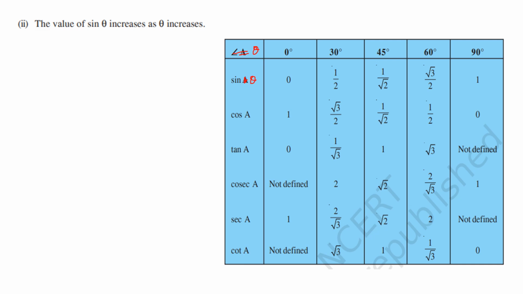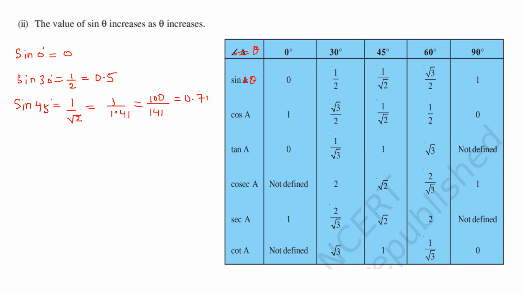Okay, so sine 0 degree is 0, isn't it? Sine 30 degree is 1 by 2, which gives me 0.5. Same way, sine 45 degree is 1 by root 2, and if I take root 2 as 1.41, then it will become 100 by 141, and this will give me 0.709.